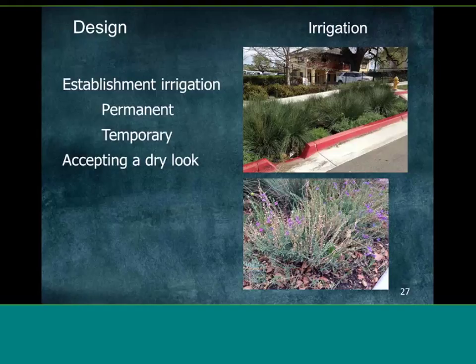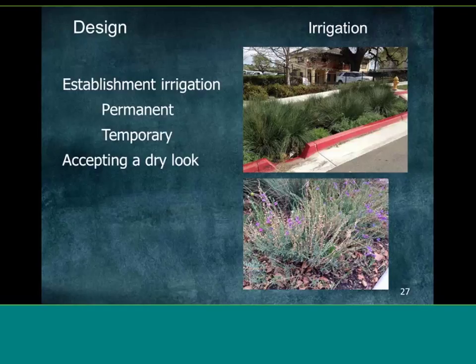Then in the first year that they're exposed to storms, they're going to be able to hold soils better if you've established them with irrigation. If they're struggling, they haven't had irrigation, maybe they got hit a few times with a water truck and then they got the rain, they might not be able to stabilize soils to the degree that we would like.